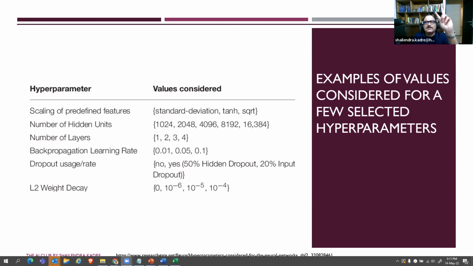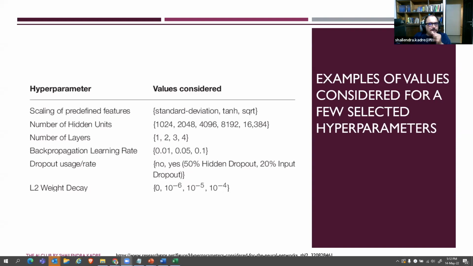Suppose it is a 2-class classification, you use sigmoid. Suppose it is a multi-class classification, you use softmax. So they are also fixed. So only the hidden layer is a variable, but that also is fixed, right? That also you use only ReLU. So all the activation functions in all the layers are already fixed, so you need not bother varying them.